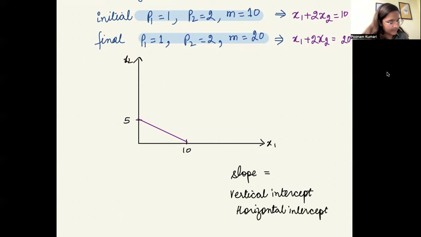Very nice. Vertical intercept would be m by p2, and horizontal would be m by p1. Perfect. We all remember this? This was it, right?